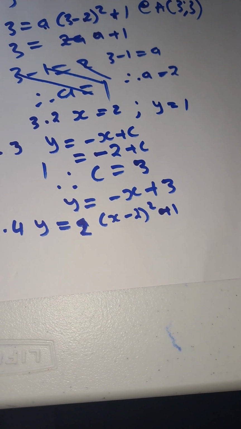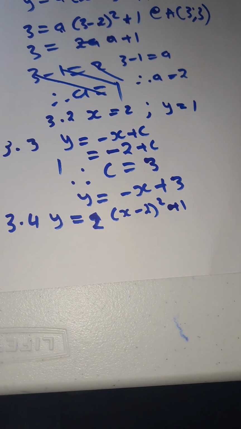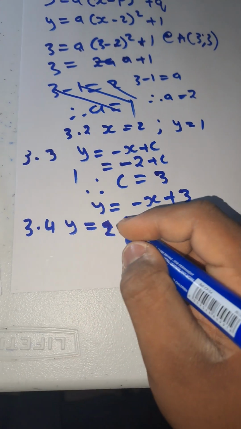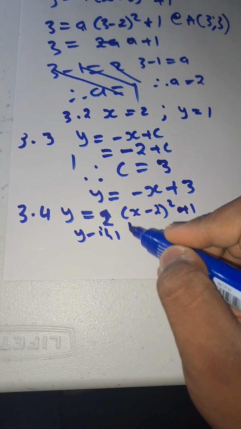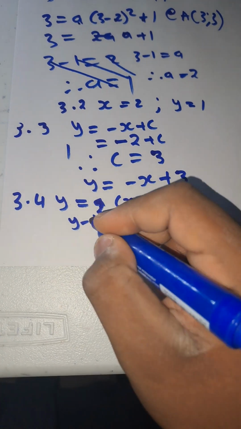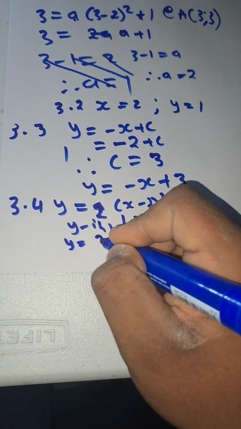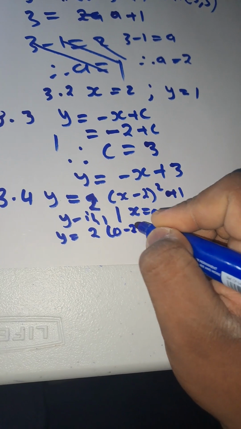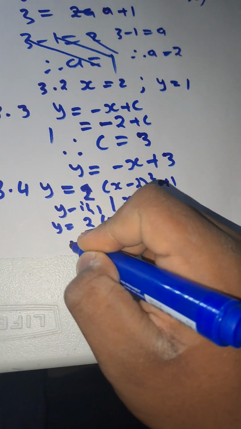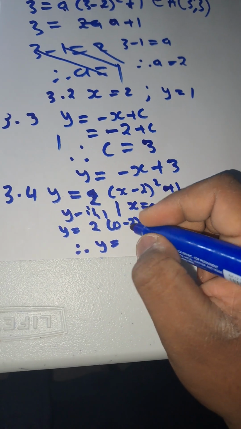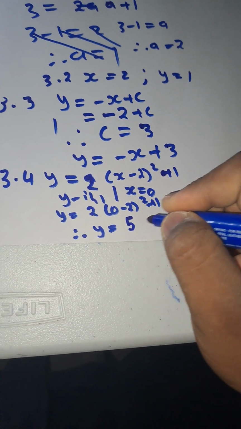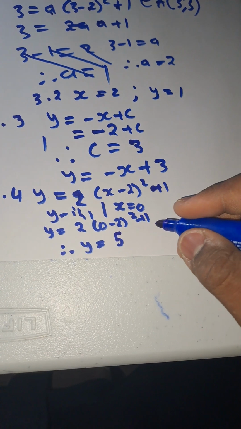Where there is x, you put 0. So my y is going to be equal to 2 times (0 minus 2) squared plus 1. Therefore my y is equal to 5. Then this is my y-intercept.